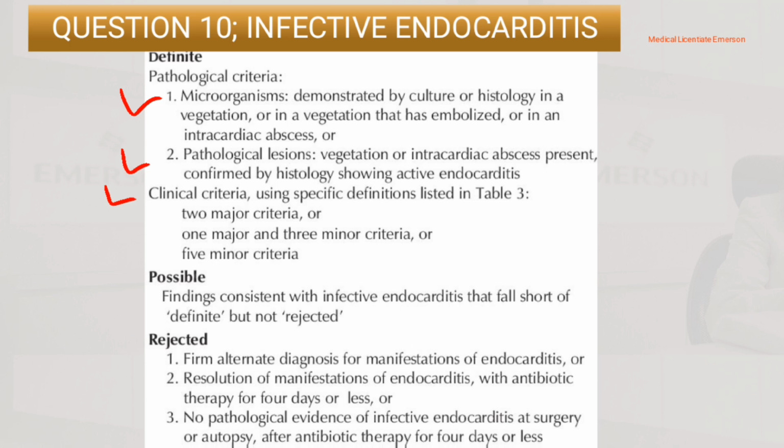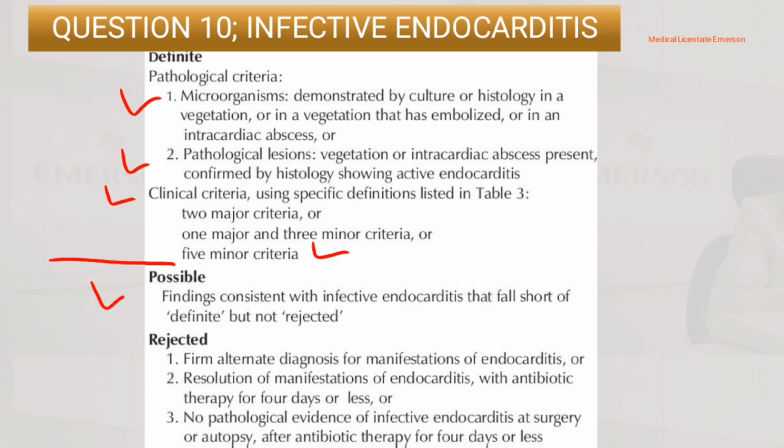Or if the patient doesn't have any major, they should have five minor criteria for it to say they have infective endocarditis. Okay, then that is for a definitive diagnosis.